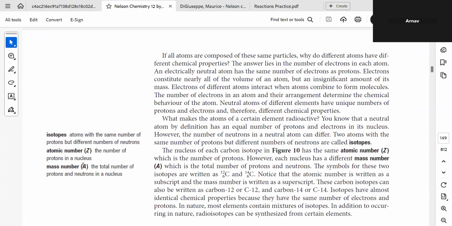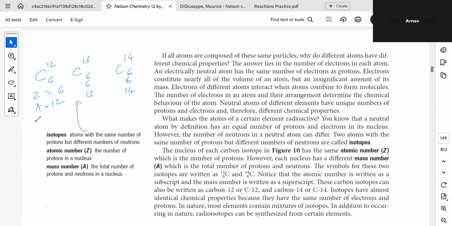Examples, I can give you one example, although you said you know it. It's better I give you an example. Carbon 12, carbon 13, carbon 14, right? Atomic number is 6 for each of them. So the atomic number Z is 6 for each of them. The mass number is 12 for this, 13 for this, and 14 for this.